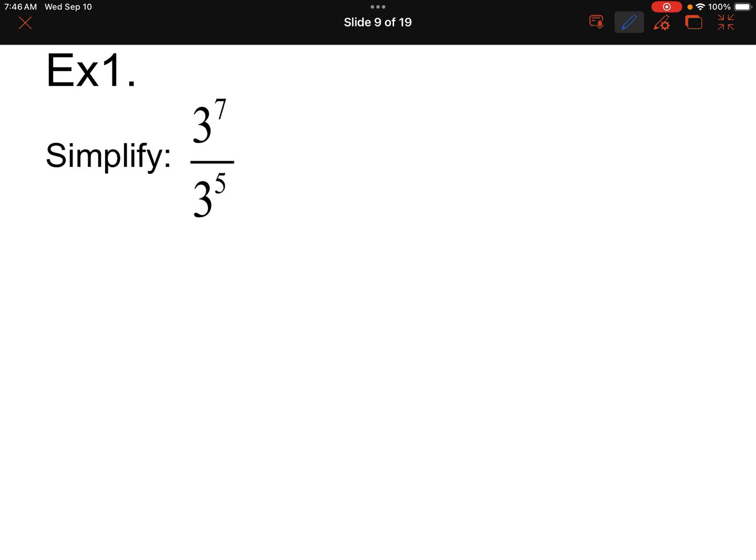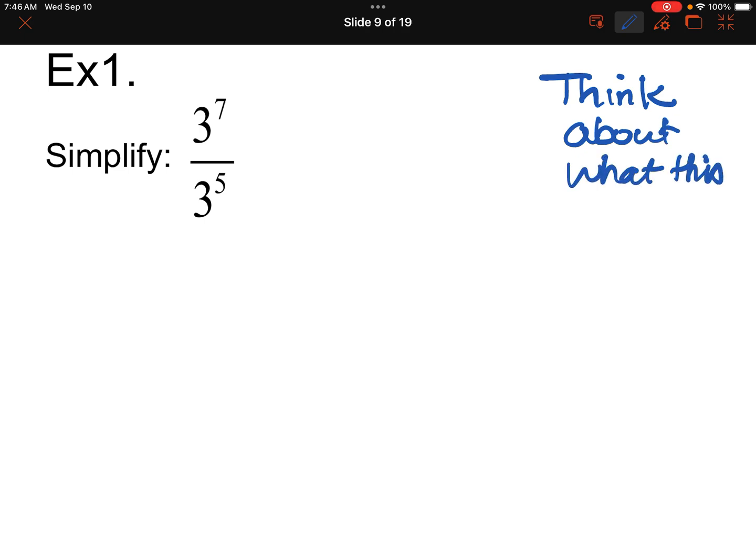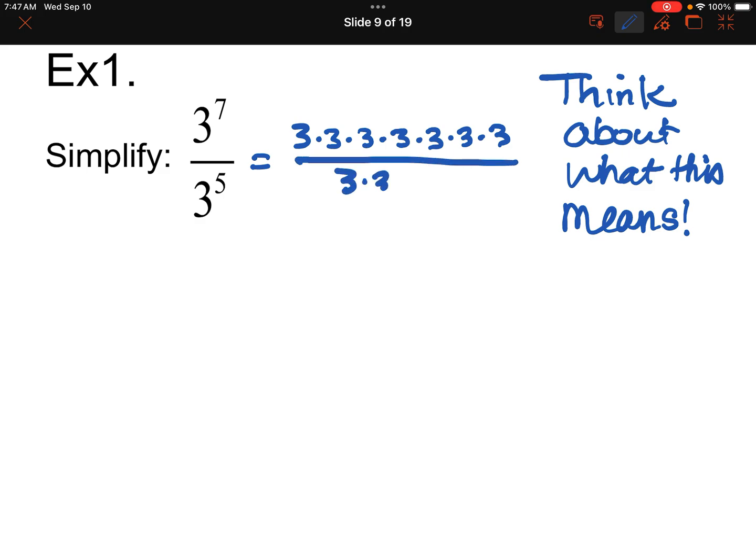We're going to think about what this means. Hopefully we all got that this means 3 times 3 times 3 times 3 times 3 times 3 times 3, 7 3s over 5 3s.